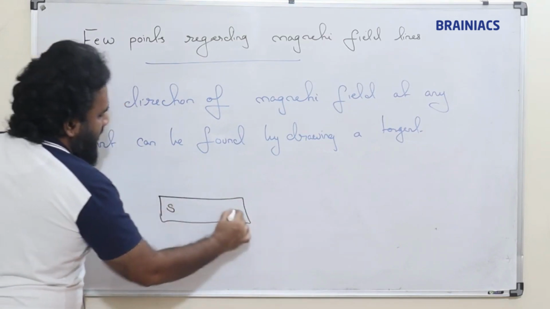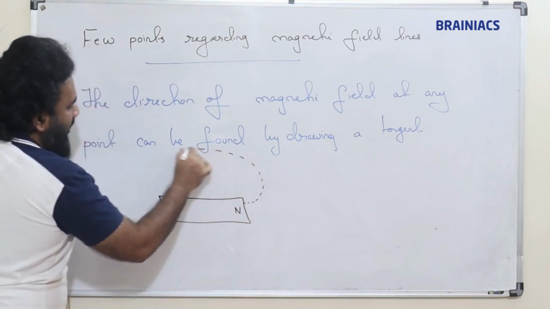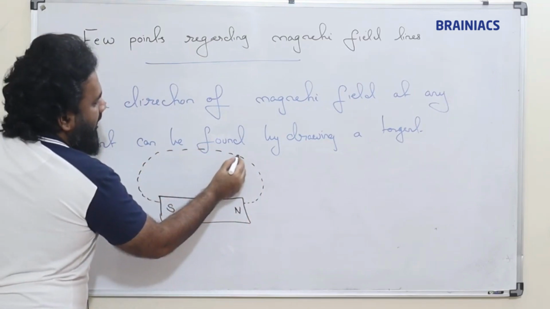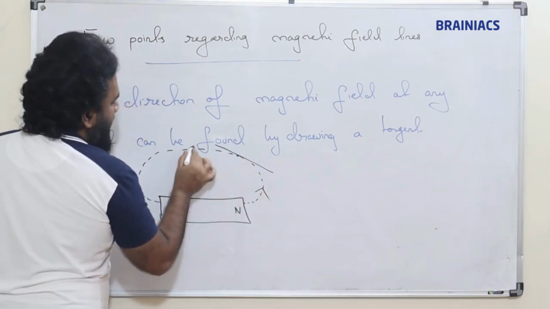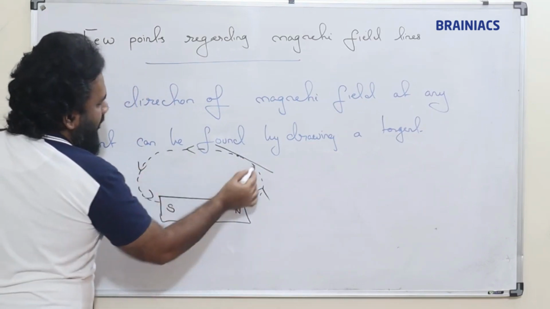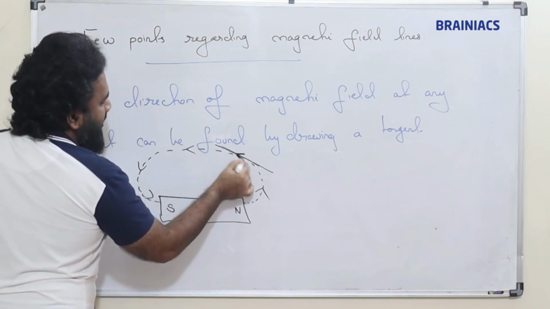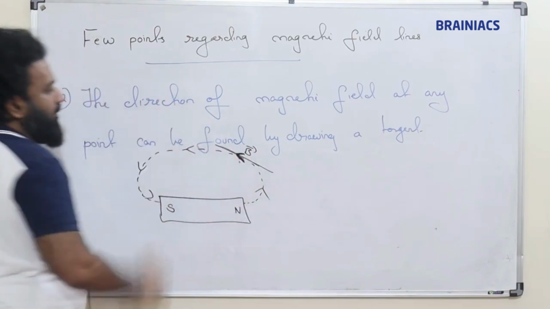Suppose this is north and this is south, so from here a field is coming like this. Now suppose I need to find the direction of the field here, what should I do? It is coming from north like this. If I draw a tangent, whatever the direction of the tangent, that is the direction of the magnetic field at this point.